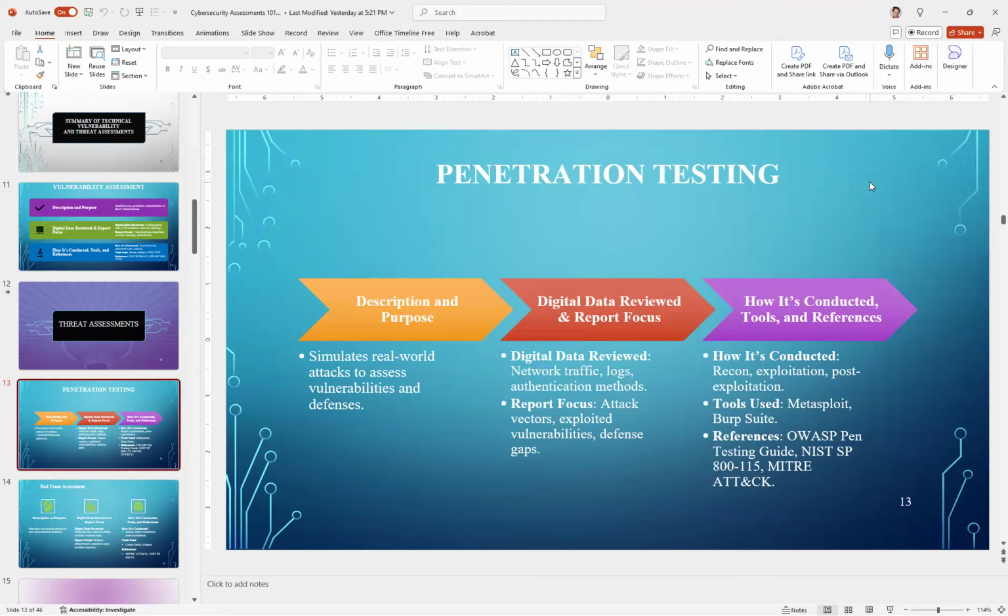Sometimes this is done with recon, exploitation, and post-exploitation. Your report focus will look at attack vectors, exploited vulnerabilities, and any defense gaps. Your tools are Metasploit and Burp Suite, and your references are OWASP Pen Testing Guide, the NIST SP 800-115, and MITRE ATT&CK.